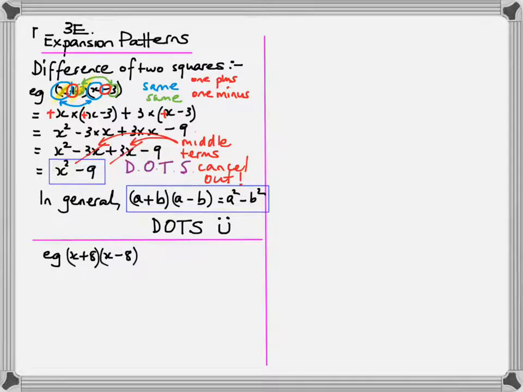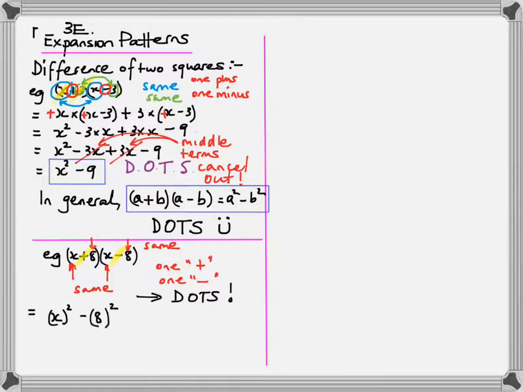Now, that looks like a difference of two squares because these terms are the same, those terms are the same, and we've got a plus and a minus. So this is looking pretty good to me. Let's just apply the formula, difference of two squares, and see what we get. That's x squared minus 8 squared.